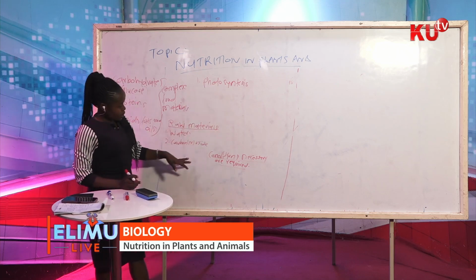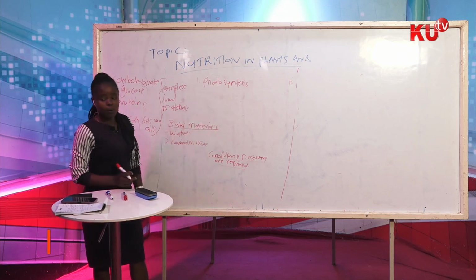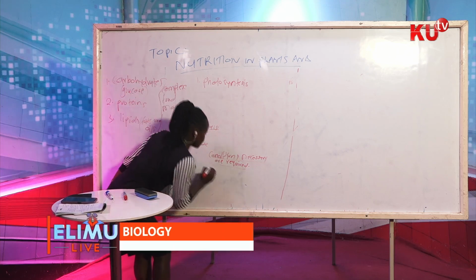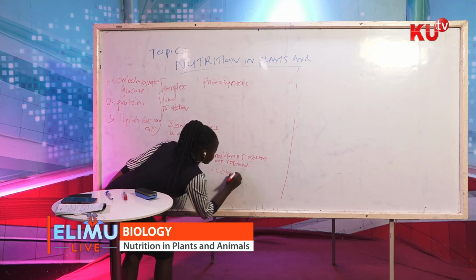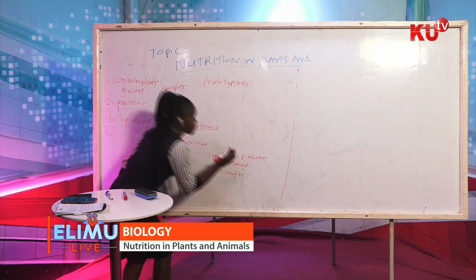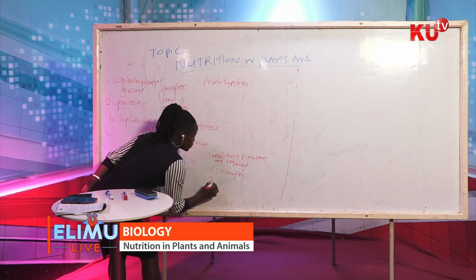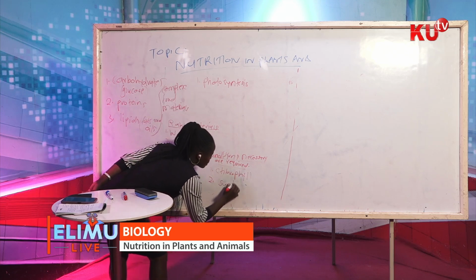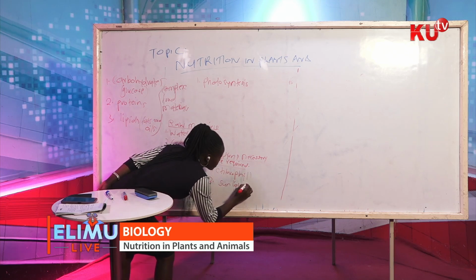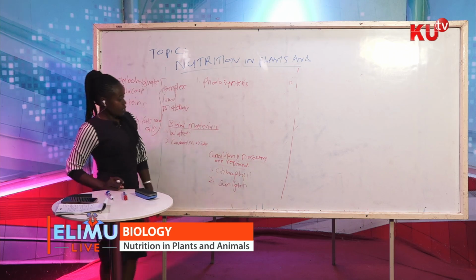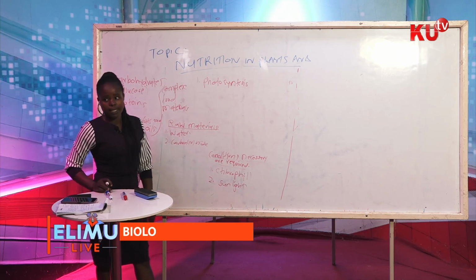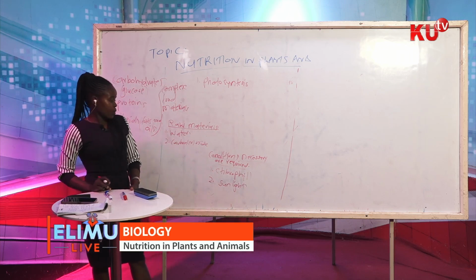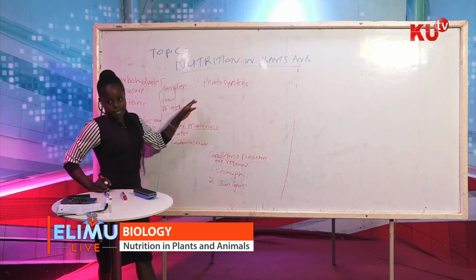For the conditions necessary, one, we have chlorophyll molecules. Two, we must have sunlight. So the chlorophyll molecules and sunlight are the conditions necessary which are required during the process of photosynthesis.